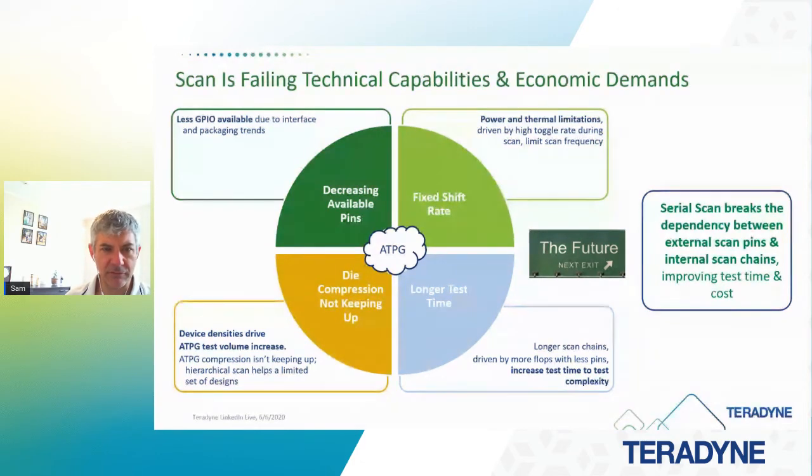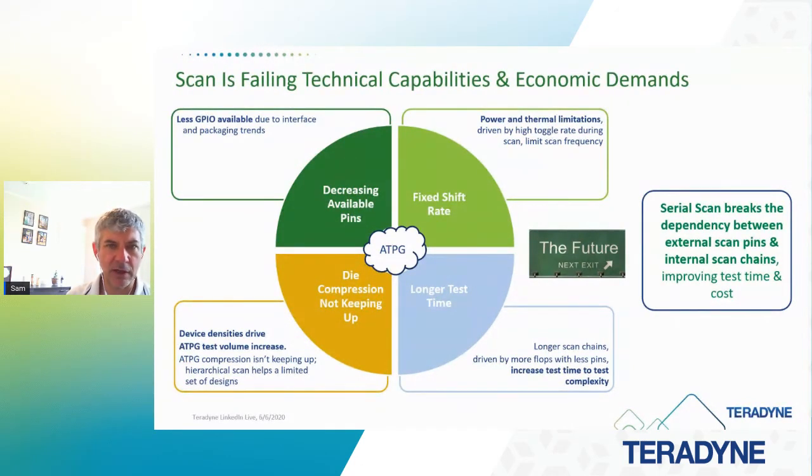And so the scan frequency is relatively fixed. There's been this promise that ATPG tools could improve, and ATPG tools have improved and do improve, but it doesn't really keep up with the curve, so you have test times increasing. Hierarchical scan helps a little bit, but it's applicable primarily to designs where you have the same core instantiated multiple times, and so not every device can take advantage of that.